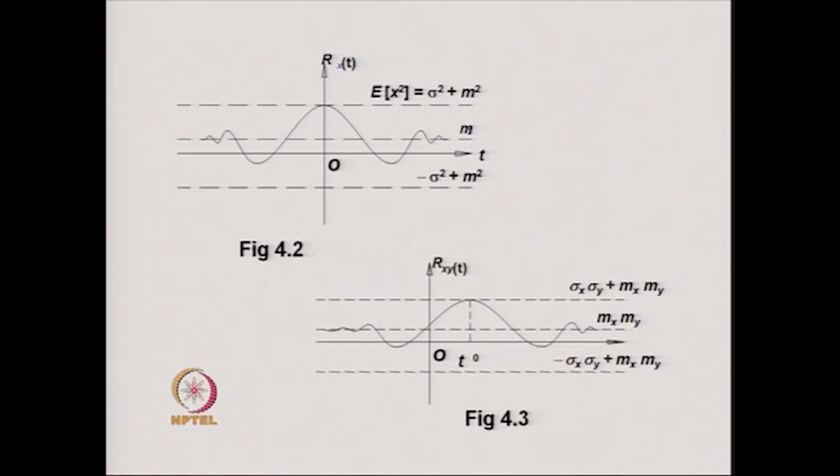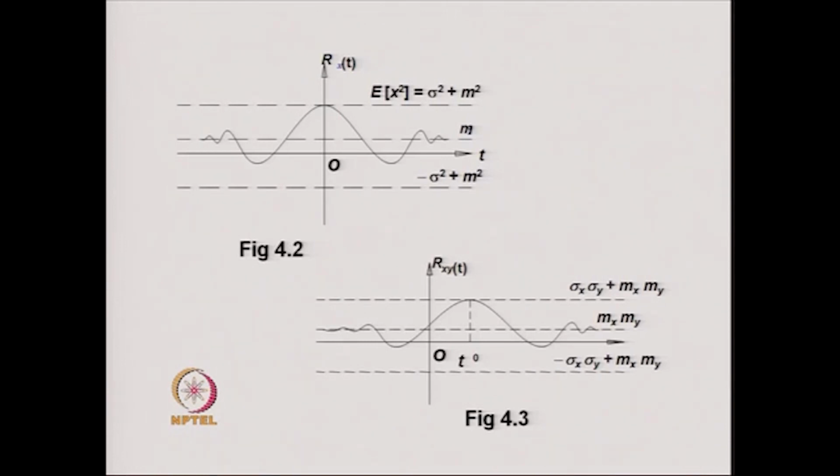After the Rxy(tau) reaches maximum, it again falls down drastically as tau increases, and it fluctuates about the value of mx into my, and this fluctuation again is of very small order.